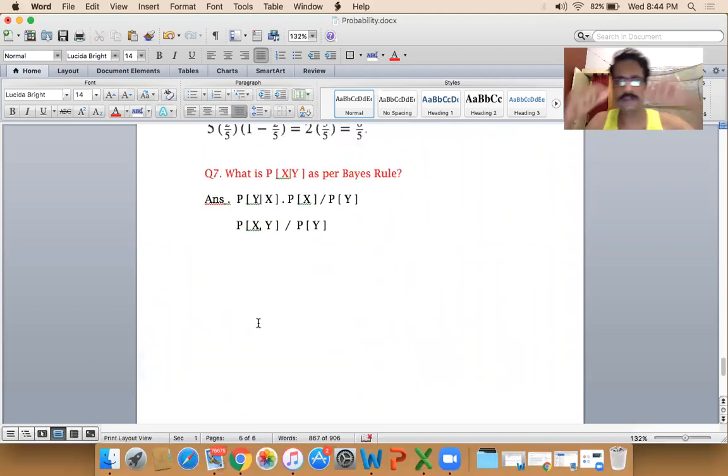In the last question, we can think of the simple definition of Bayes rule. So what is P(X|Y) as per Bayes rule?